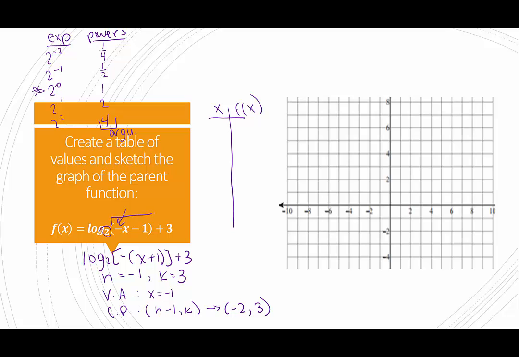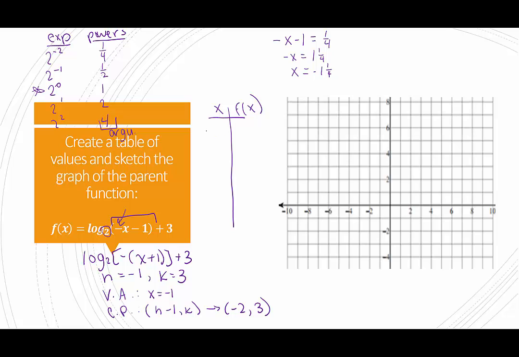So I know I want -x - 1 to equal 1/4. Now let's solve for x. This would be -x. I'm going to add 1 to both sides. 1/4 plus 1 is 1 1/4. And let's multiply both sides by -1, or divide both sides by -1. And we get x is equal to -1 1/4.